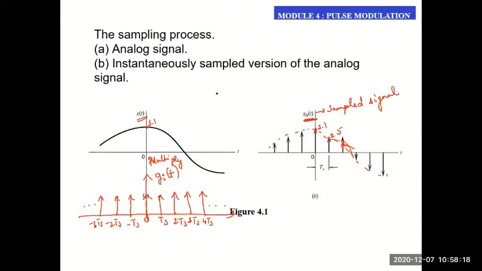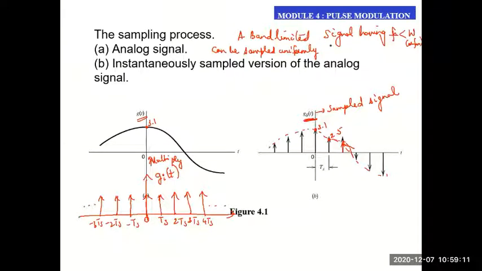The sampling theorem states that a band limited signal having no spectral components above FM or W, or let's say having frequency less than W or FM if it is a single tone message, can be sampled uniformly at intervals of Ts, which is 1 by Fs also.